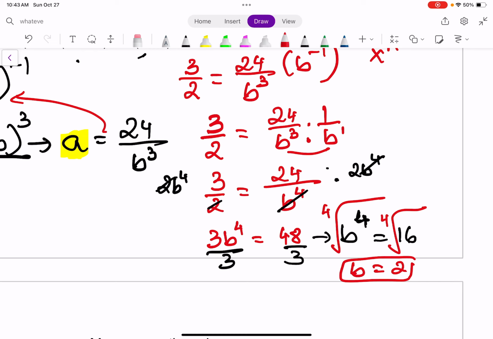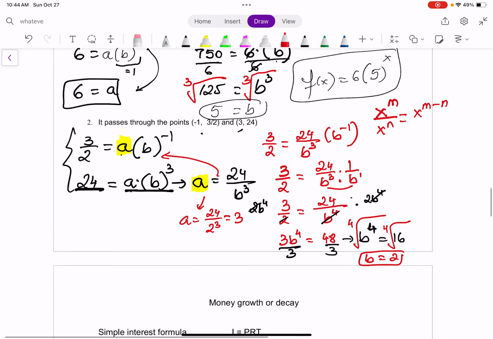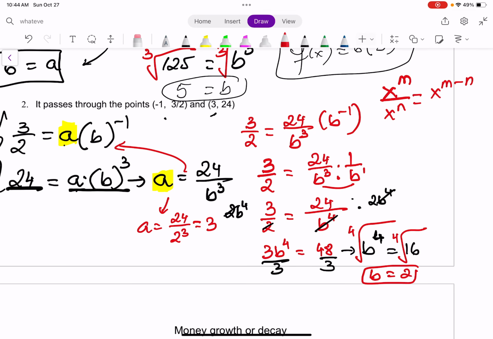Okay. So I still need to find a. And a was 24 divided by b to the 3rd. This time we found b first. And 24 divided by 8 is 3. Okay, so here's our function. a is 3 and b is 2.